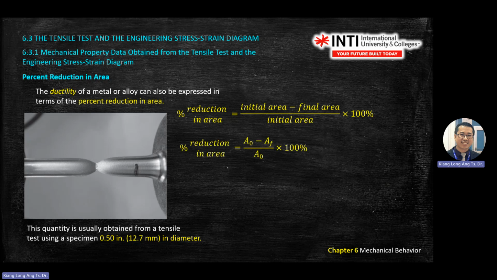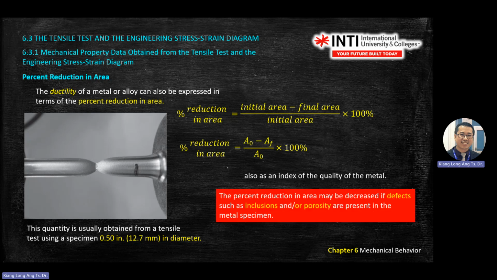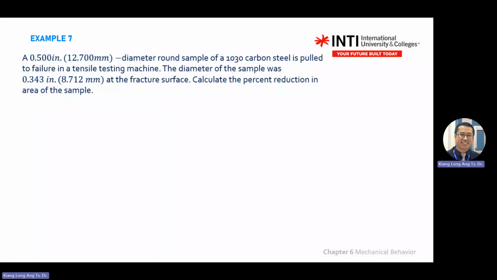Some questions will ask to calculate the index of quality, in brackets ductility, percentage of reduction in area. The rest you read.